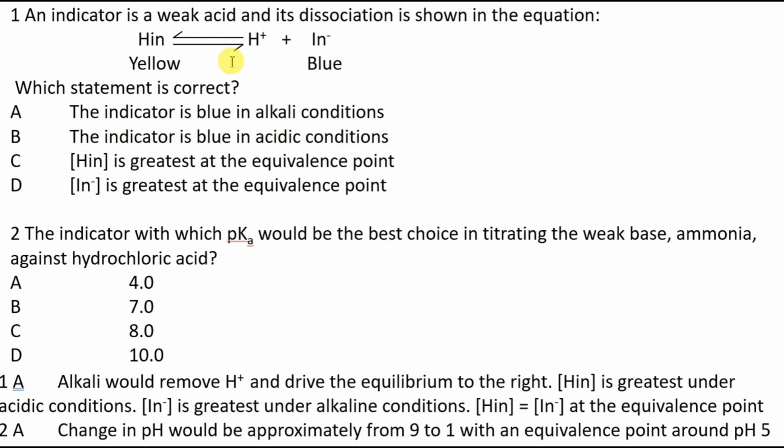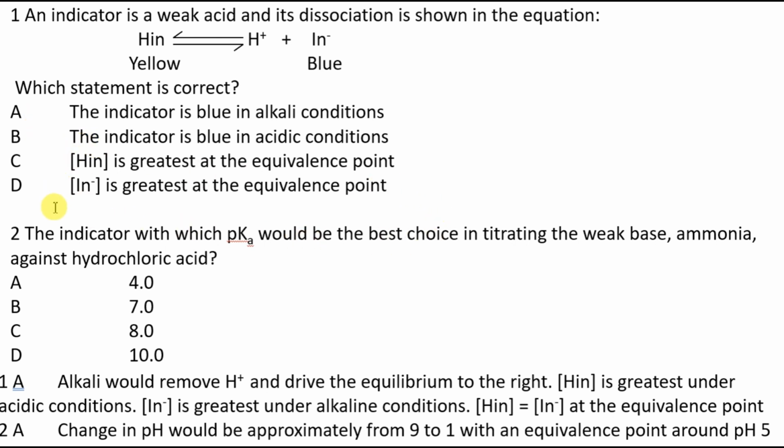Well, in alkali conditions, H plus would be removed and the equilibrium would shift to the right to give the blue color. If you like, alkali would remove H plus and drive the equilibrium to the right. A is good. The concentration of HIn and the concentration of In minus are equal at the equivalence point. One is not greater than the other.